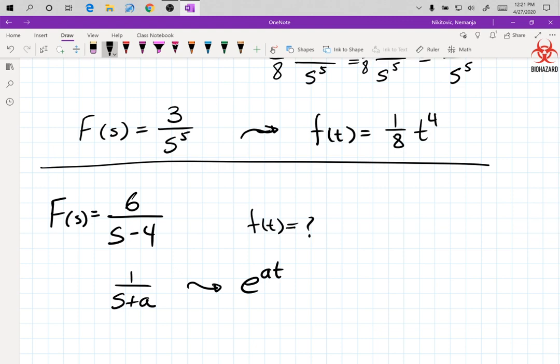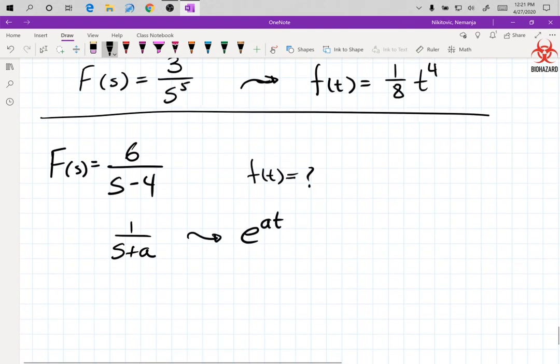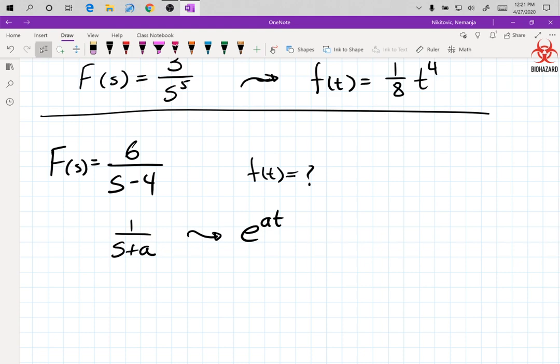So to get my 6, I multiply both of these sides by 6. So this is going to be now, and a is negative 4. When we compare this and this, a is negative 4. And I need times 6 on top.